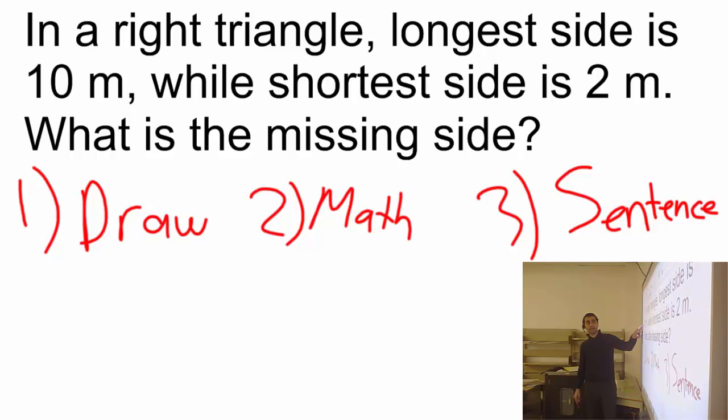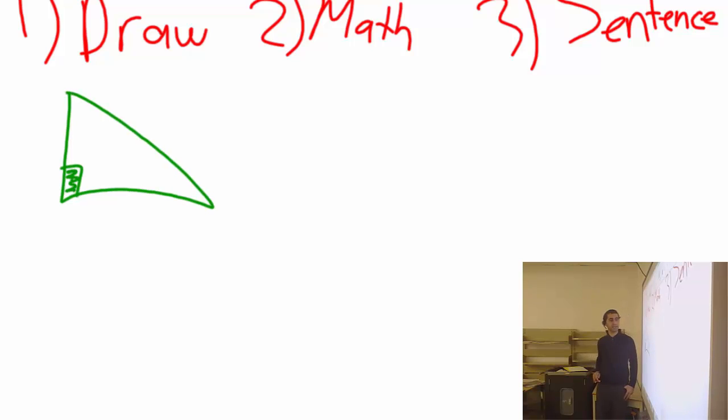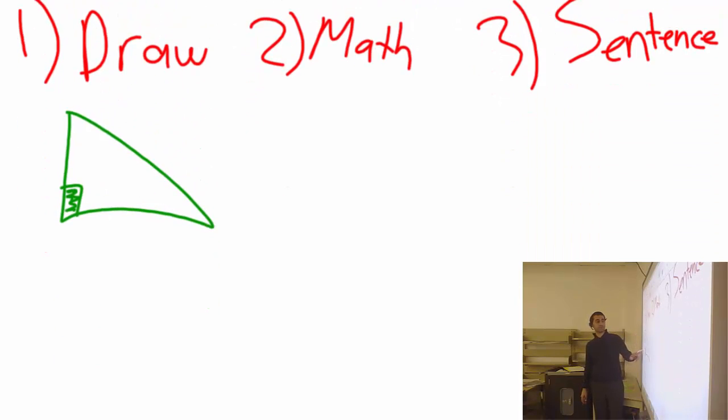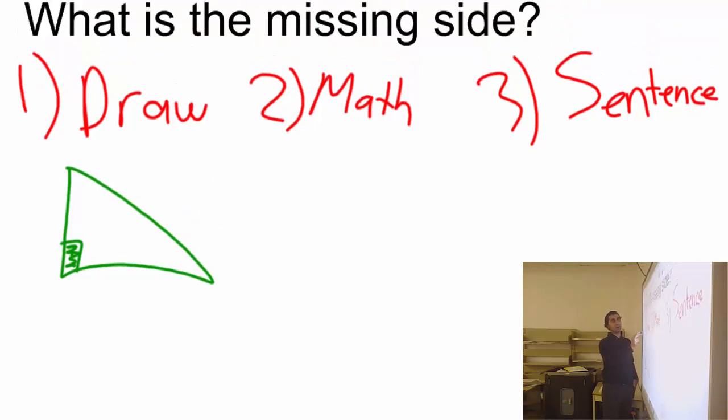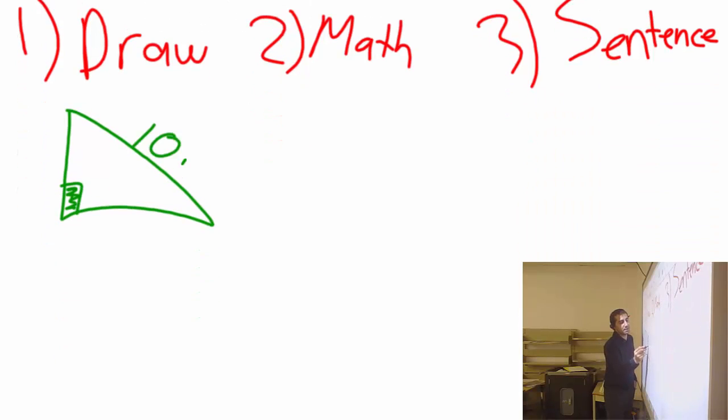And this is what I'm gonna do. In a right triangle. What? Right triangle? Okay, Mr. Akios. Here goes your right triangle. It's a beautiful one. So next, longest side. That's this. This is the longest side. Longest side is 10 meter.